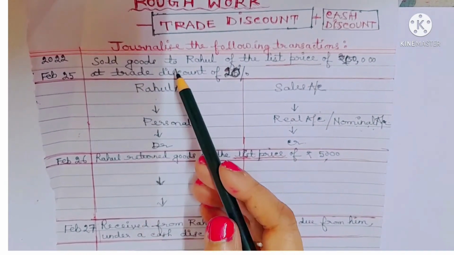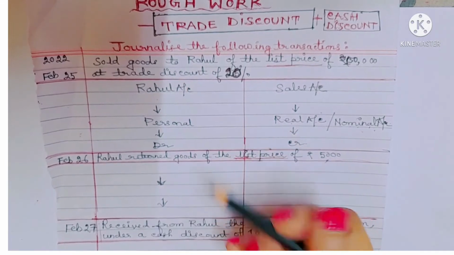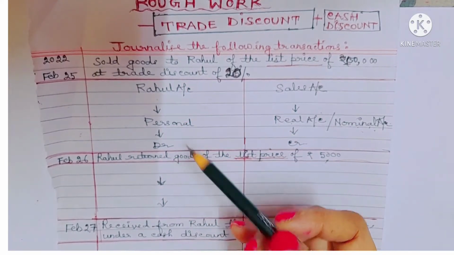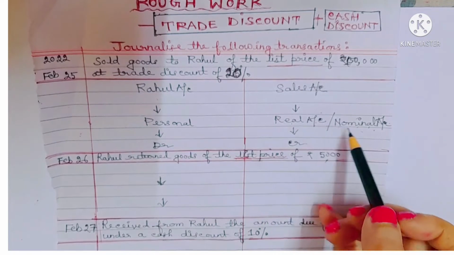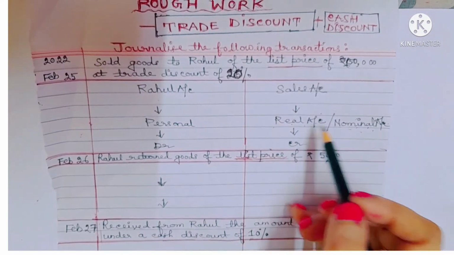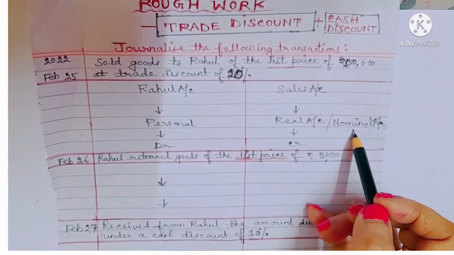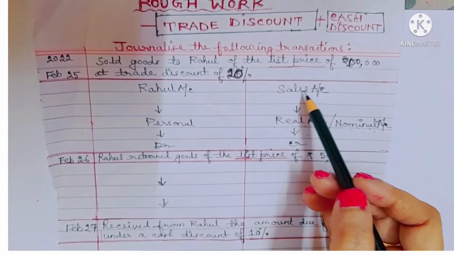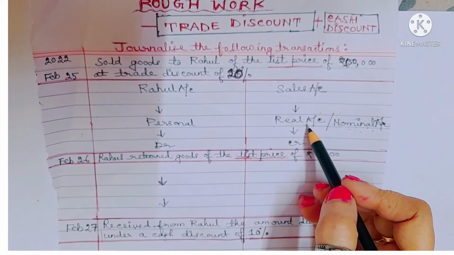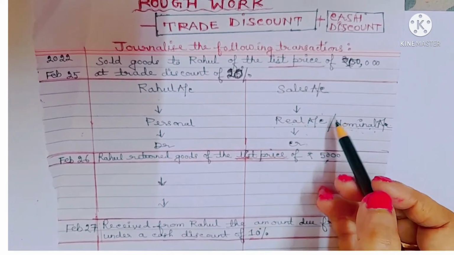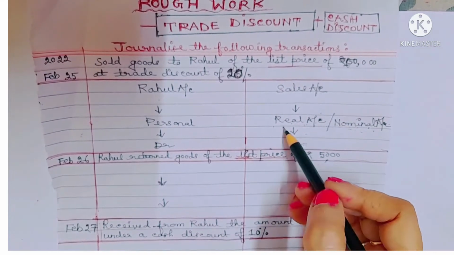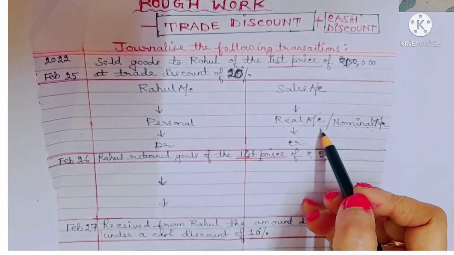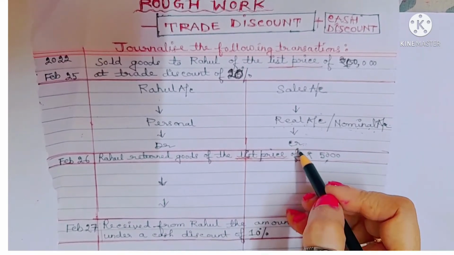When we are selling goods, we are getting income, so sales should be credited. But we are treating sales as real account. When goods are going out, it should be credited, because according to real account, what goes out is credit.